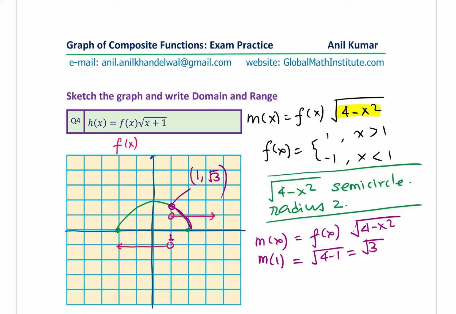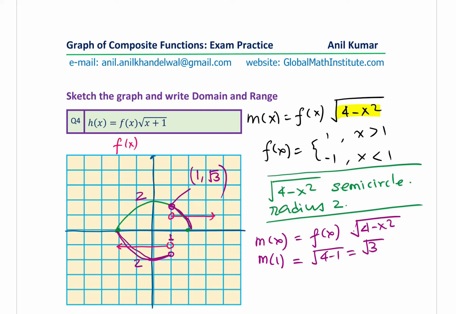On the other side, it is going to get reflected. So this point, which was at 2, will now be at minus 2. And the point of square root 3 will now be minus square root 3. And the value at 0 will definitely be 0. So the graph now will be kind of like this.